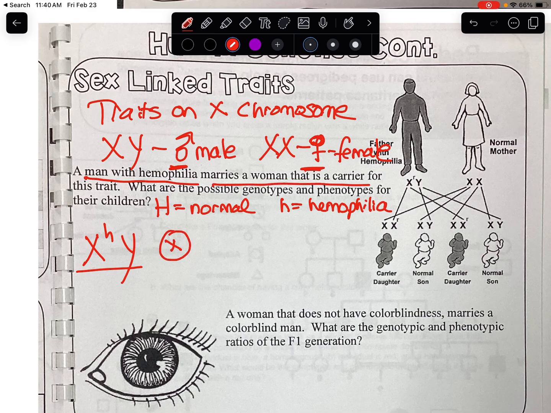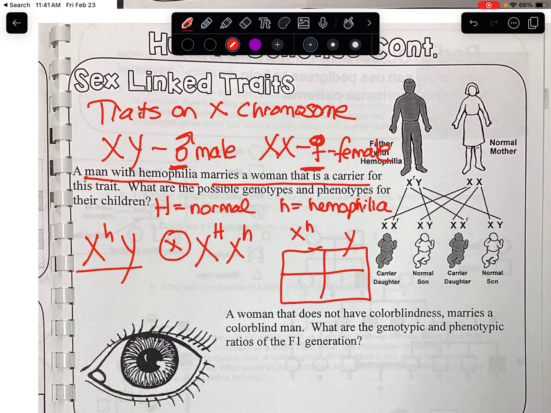And he marries a woman that's a carrier. That means she has one bad gene, but technically does not have the disease. So they like to say she carries one bad gene and can give that gene to her kids, but she's normal. She does not have the bleeder's disease. So again, when you do the Punnett squares, you separate out your alleles.